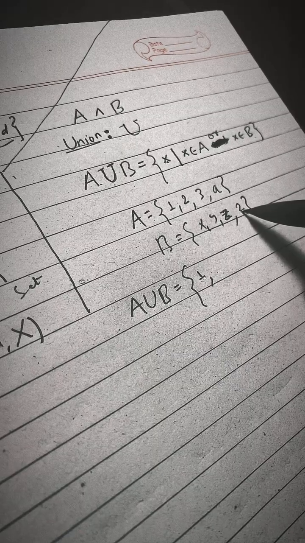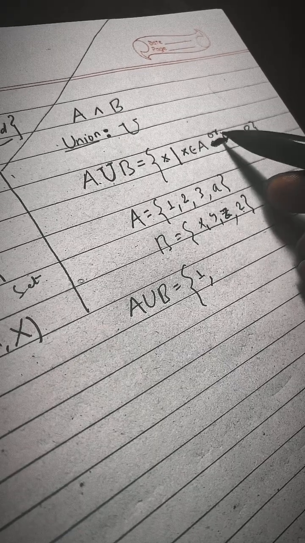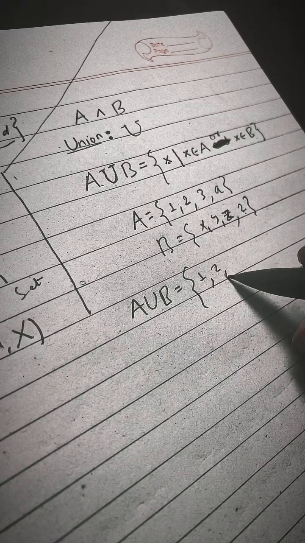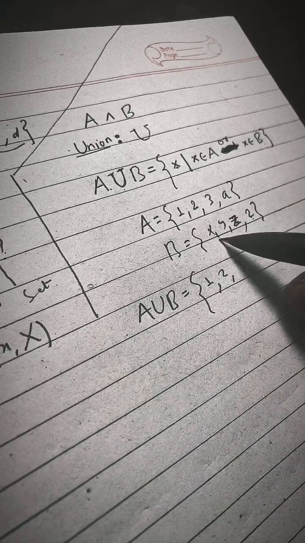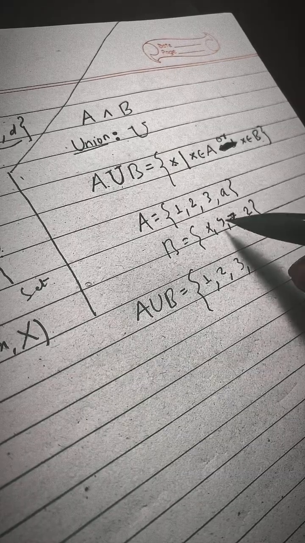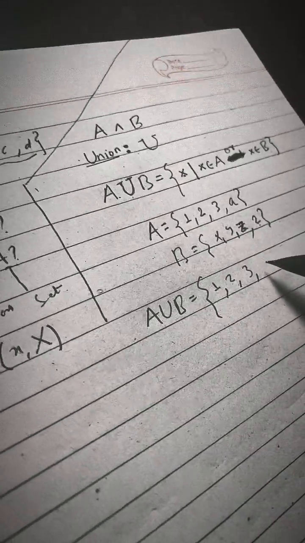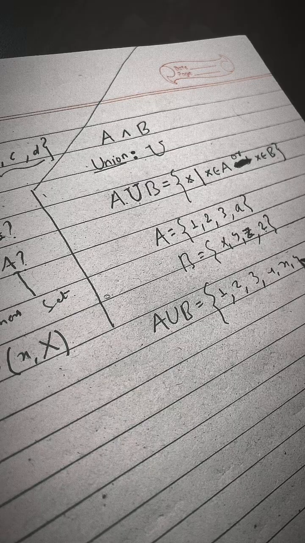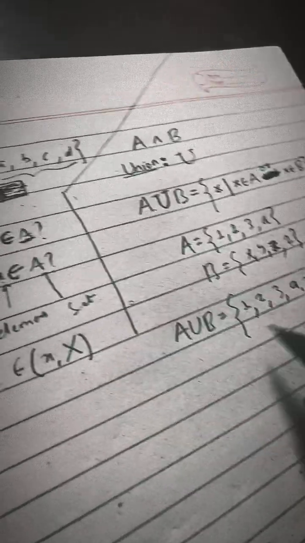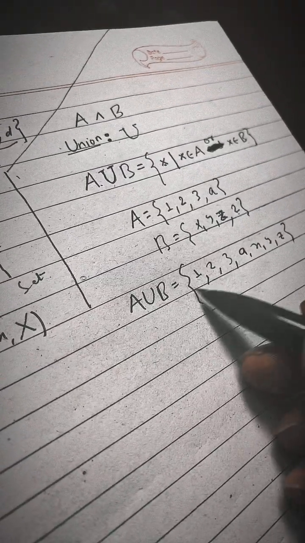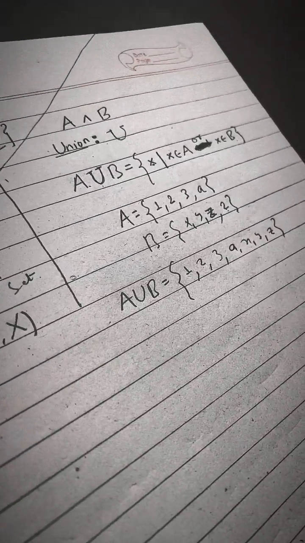It says OR, so we can put 2 also. Similarly, 3 only belongs to A, does not belong to B, does not matter. It should belong to any one of them. So 3 also. Similarly, x, y, z. So this is how we evaluate A union B.